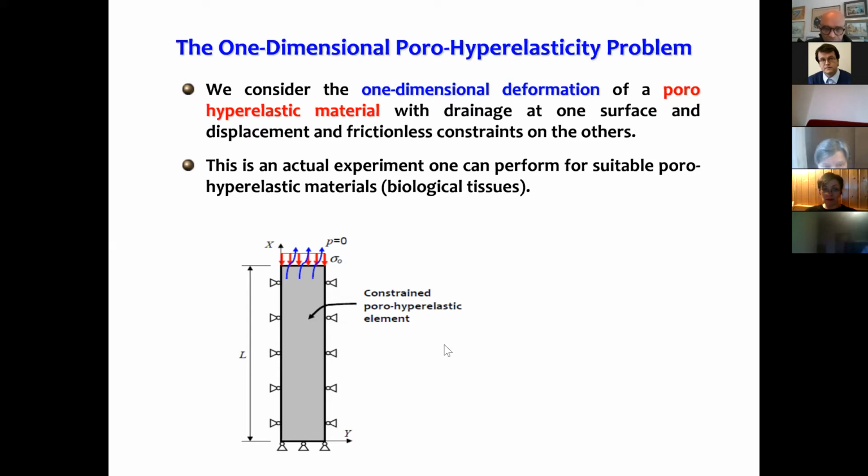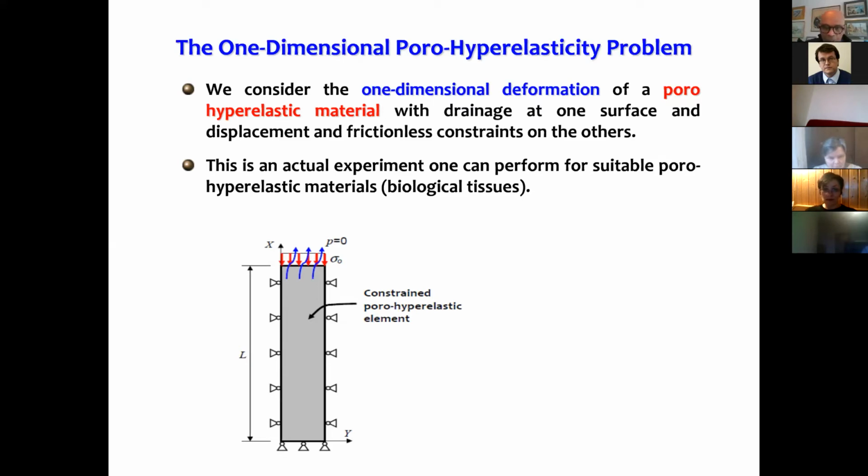So this is a constrained poro-hyperelastic material, which is subject to a stress. So this sigma naught could be a Heaviside step function of the stress, and it's applied and kept constant, and the medium is allowed to compress with time.